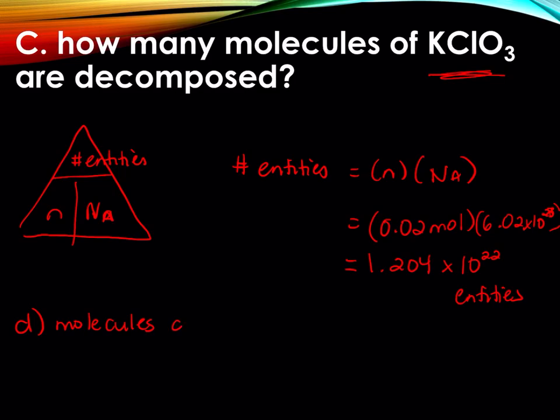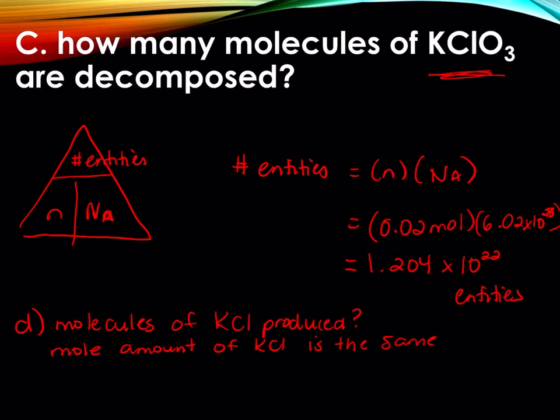Then in D, you guys don't have a spot, but if it's still on your sheet, I'm not even going to do a calculation here. So if we have the molecules of KCl, the mole amount of KCl is the same as KClO3.